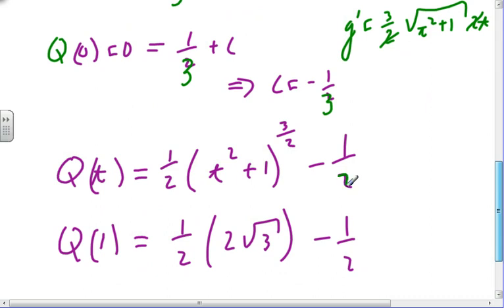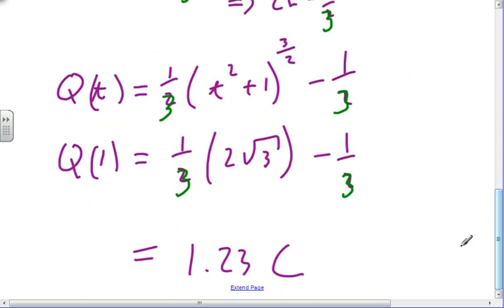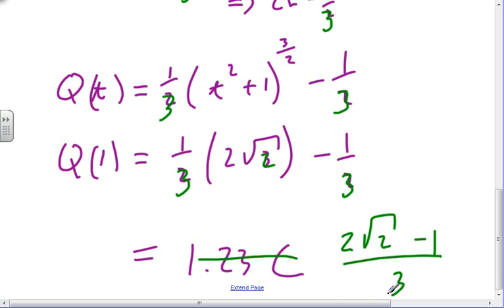That's minus a third. This is a 3. That's a 3. That's minus a third. And now I've got 2. And this is 1 and 1 is 2, right? So that's really 2. So that's 2 the square root of 2 minus 1 over 3, which is the same answer, right?